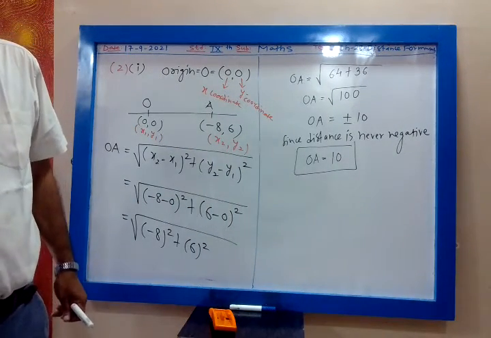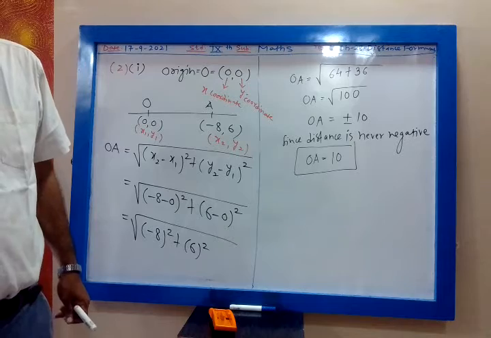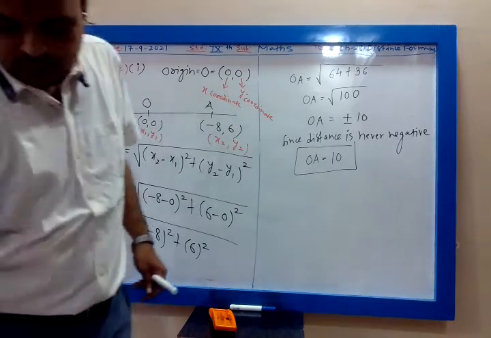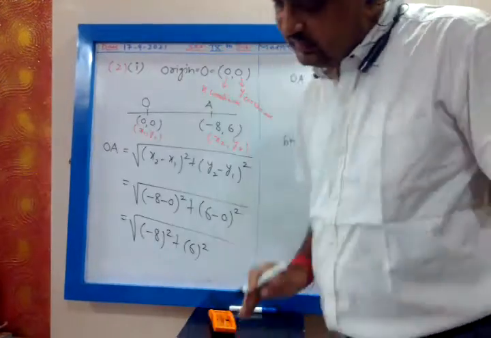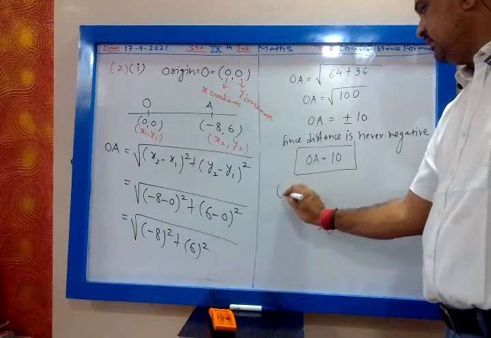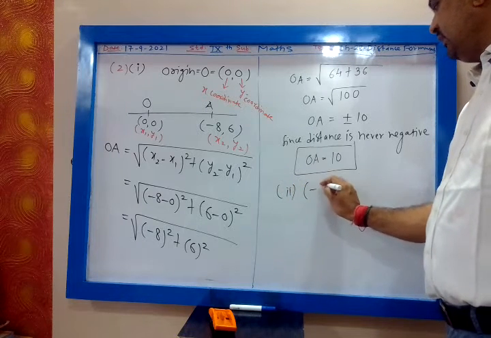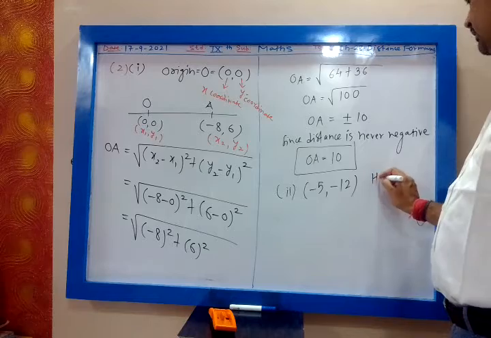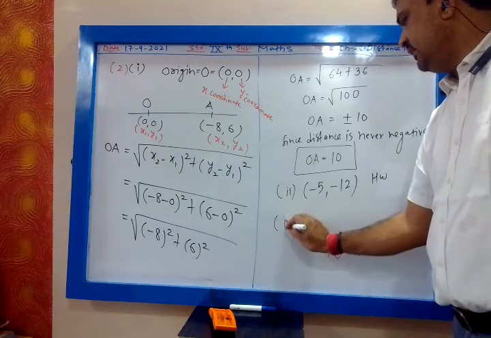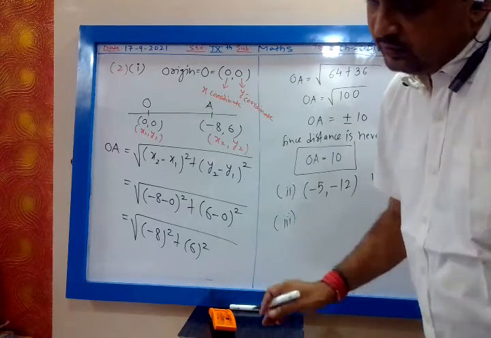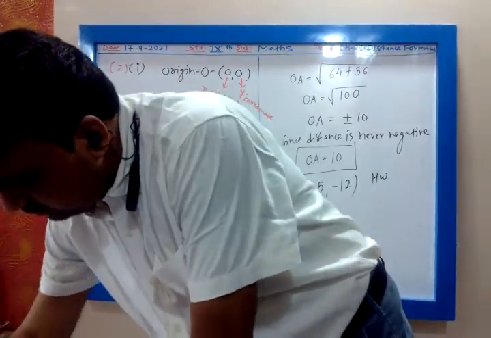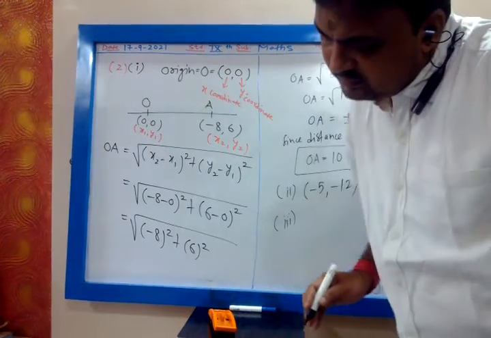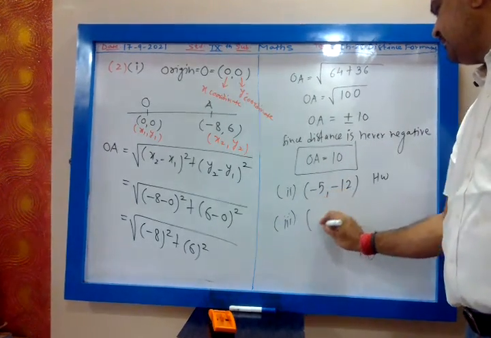Now let me give you the remaining problems of this as homework. Second: minus 5, minus 12, distance between origin and this point. Then third one: origin and 8, minus 15.